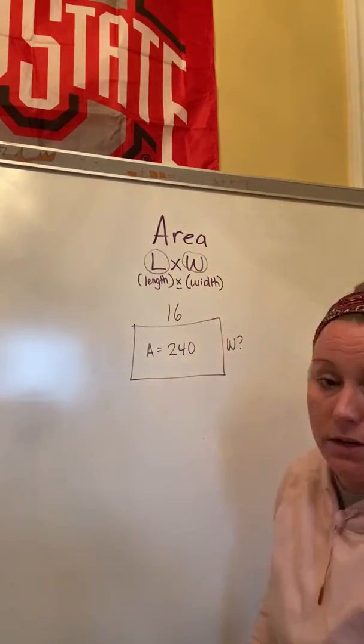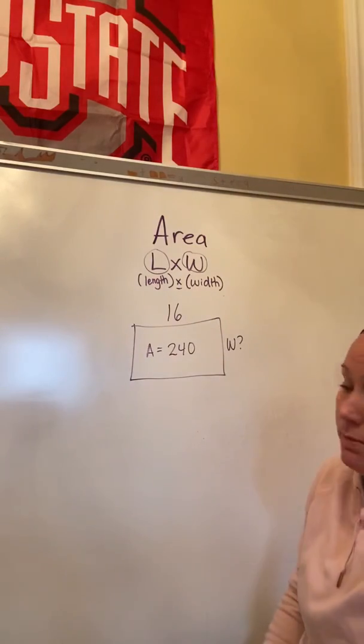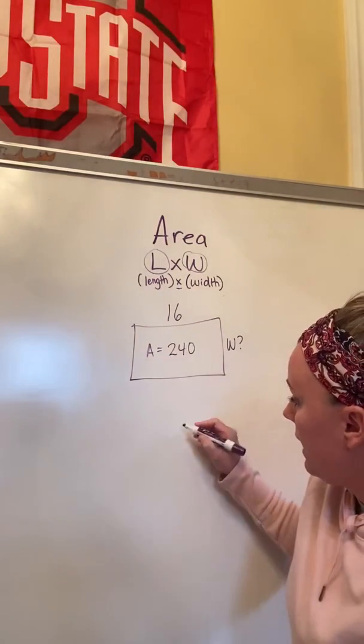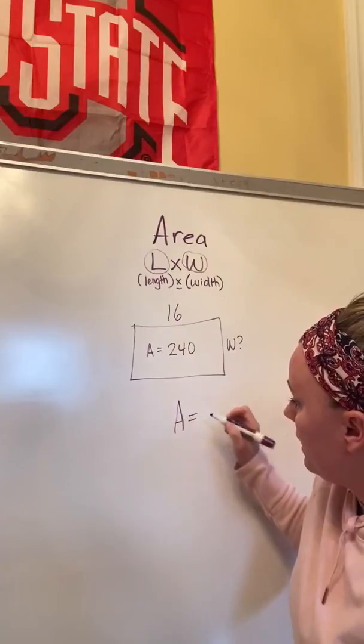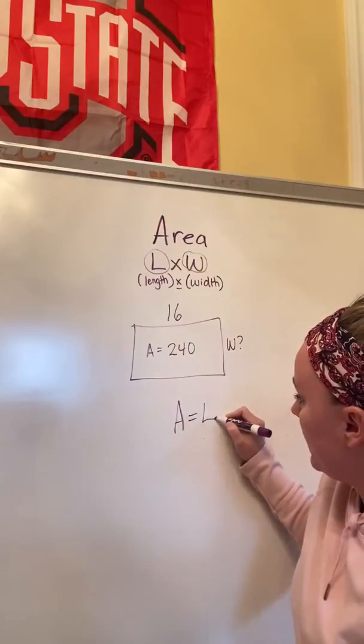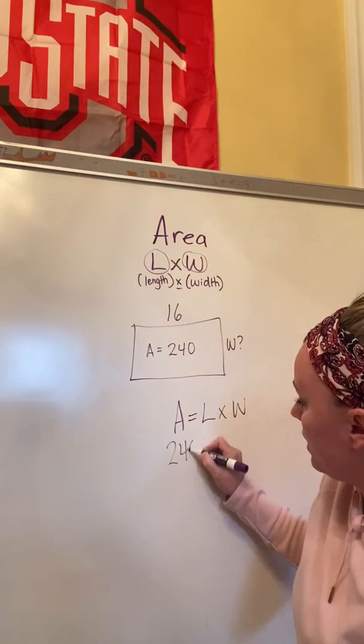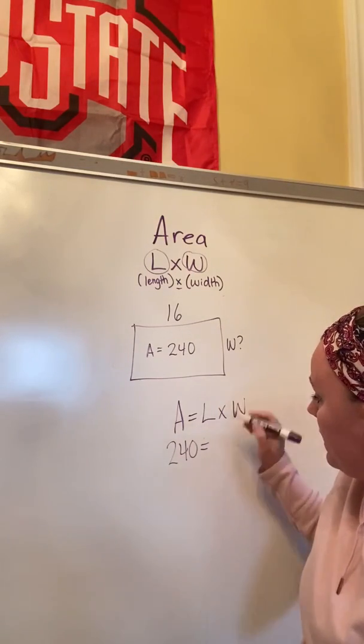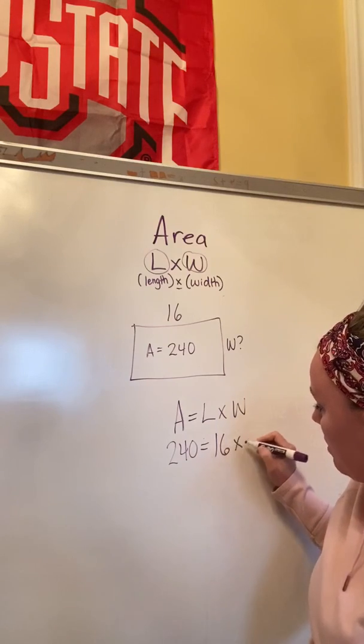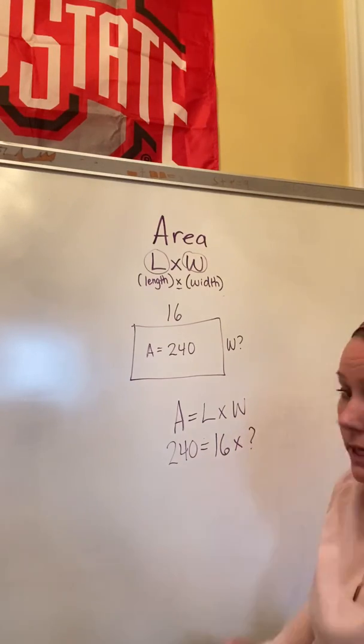So the question here is, what is the width of this bedroom? We already know the area, and we know that area equals length times width. So we know that the area is 240, and that is going to equal 16 multiplied by what?